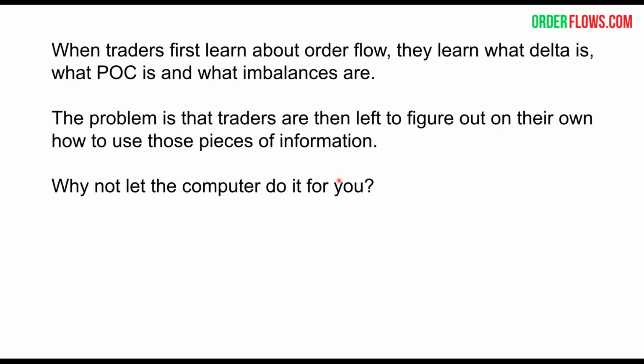But the problem is you learn about delta, but then you don't learn how to use it. You can probably figure it out on your own after a long time of studying the markets, but again, you find yourself going down a lot of paths that lead nowhere. Let the computer analyze the order flow for you.